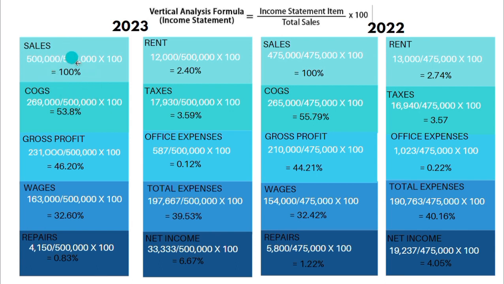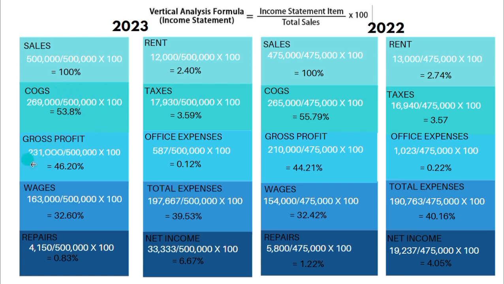For the cost of goods sold, 269,000, which is yung amount ng cost of goods sold, divided by 500,000, which is yung sales, times 100 is equals to 53.8%.